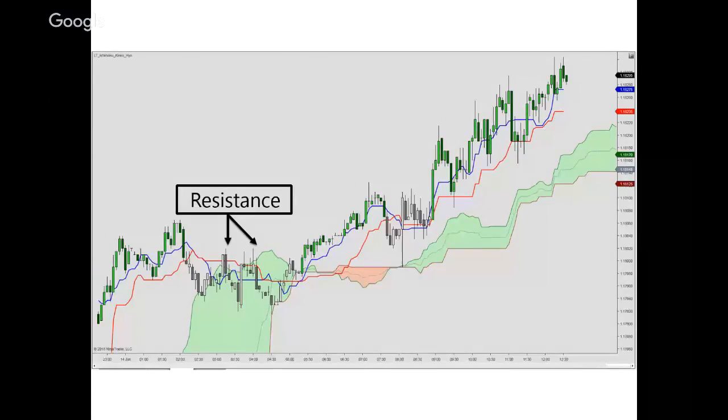So price interacting with the cloud here is indicating resistance, trying to get through this here. It's traded back into the cloud, which is indicating a sideways market here, and then trying to break through it.